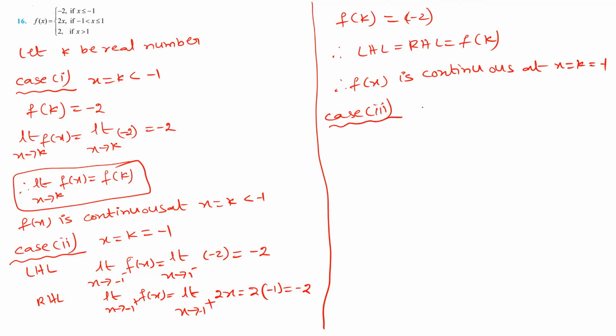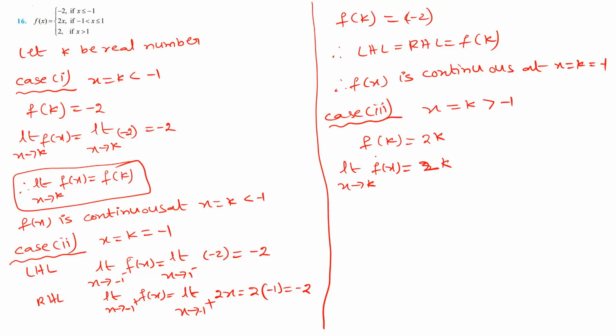so case 3 is we are taking x is equal to k, which is greater than -1. So greater than -1 means we'll take directly the 2x value. So f of k is equal to directly 2k. Next the limit function, limit x tends to k, f of x is equal to 2x, so 2k you will get here.